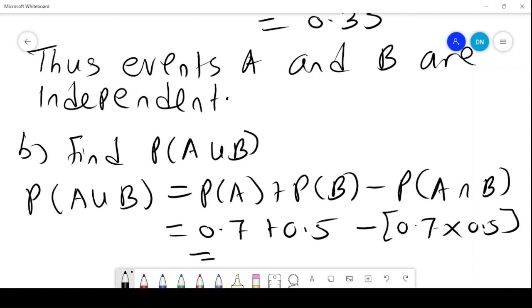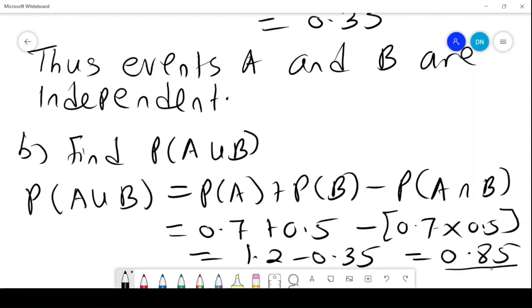And this is 1.2 minus 0.35, and this gives us 0.85. So that is the probability of A union B.